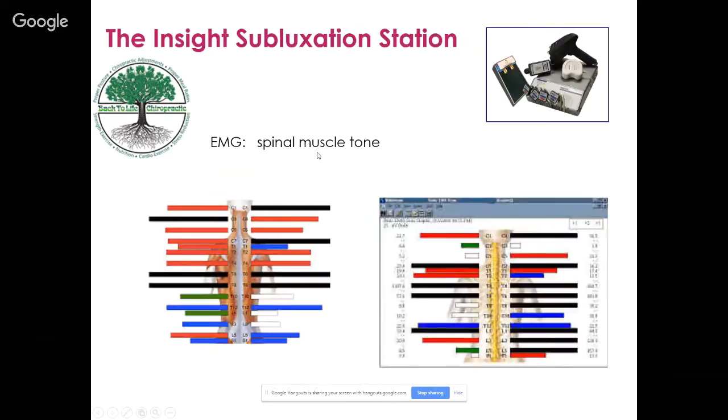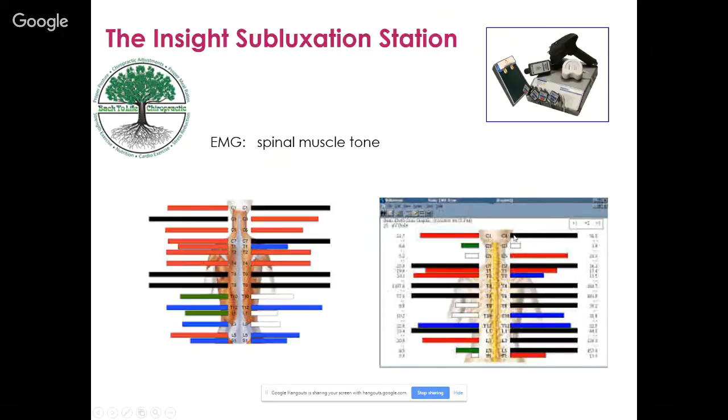So the EMG, the spinal muscle tone, is an important test where we put these little sensors on your spinal muscles, and it reads how much energy is going from one side to the other and how much is in it. And so blacks and reds are the worst. In this case, we can see that the C1 area is having a lot of muscle spasm. That means a central excitatory state is happening, where the nerves are firing over and over again.